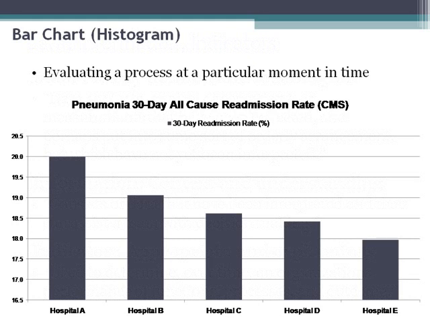I downloaded the database. This is analysis that I did just for this presentation of 2,000 hospitals, and I looked at the pneumonia all-cause readmission rate as reported, and I grouped them into 5 hospital groups: Hospital A, Hospital B, Hospital C, Hospital D, Hospital E.